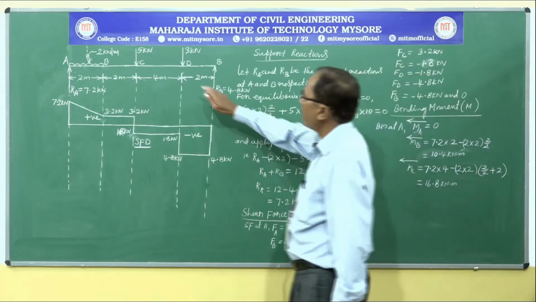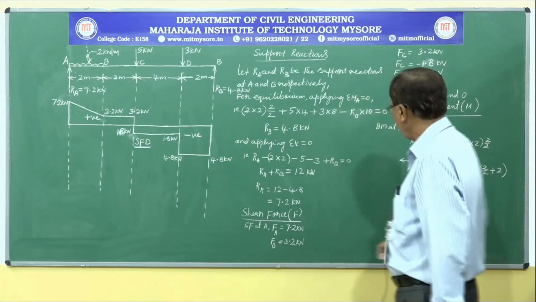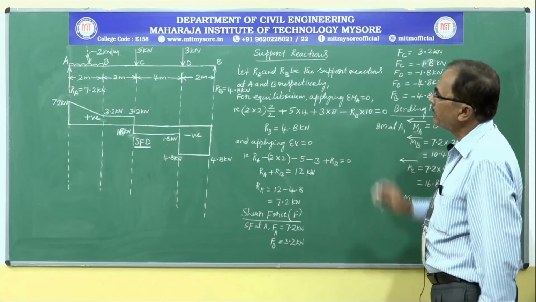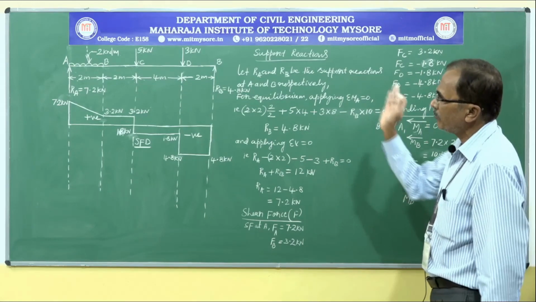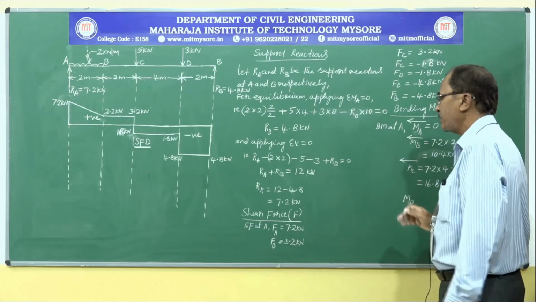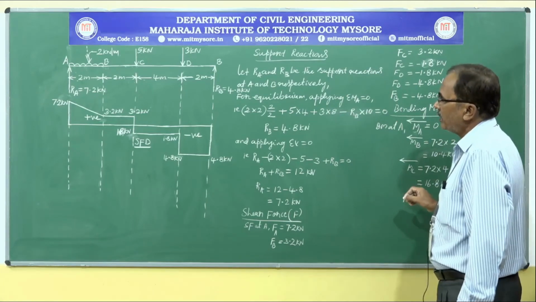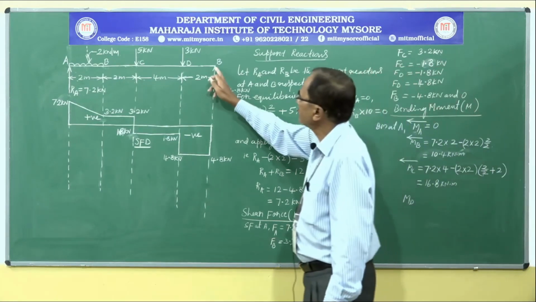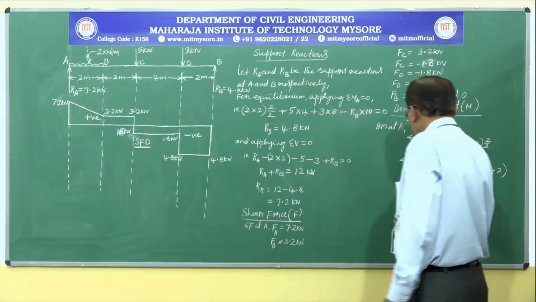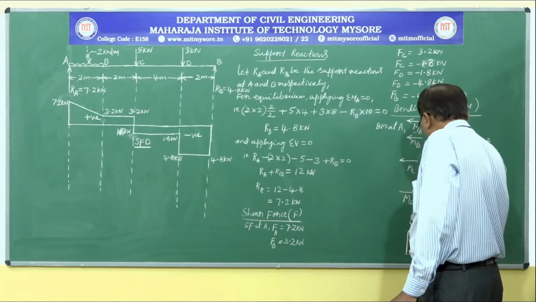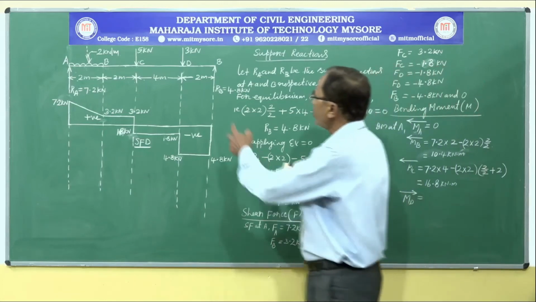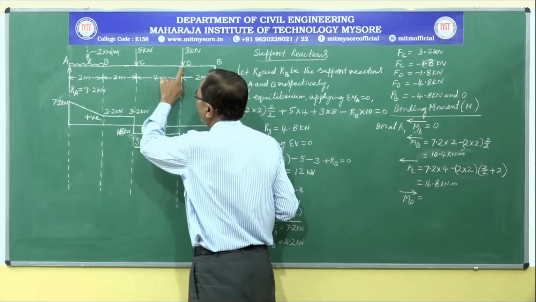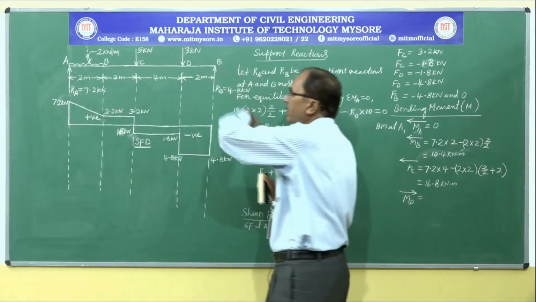Next salient point is D. Let us consider point D, MD. We can calculate bending moment by considering forces to the left hand side or to the right hand side. Let us consider forces acting to the right hand side, because if you consider forces to the right hand side, there is only one force, and at the same time if you consider the left hand side, 1, 2, 3, it is time consuming.